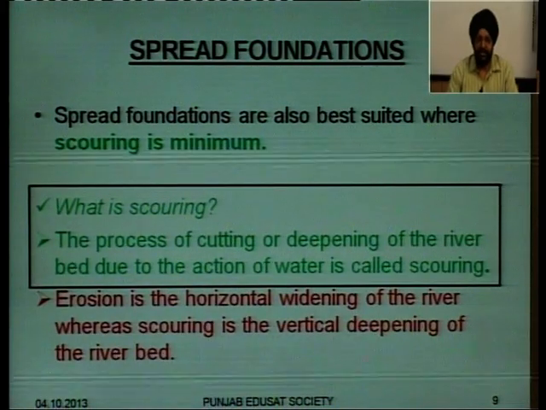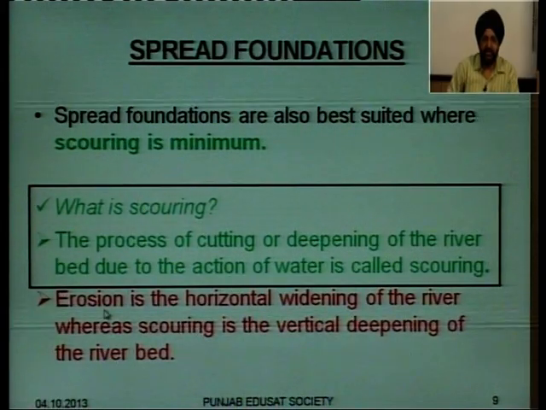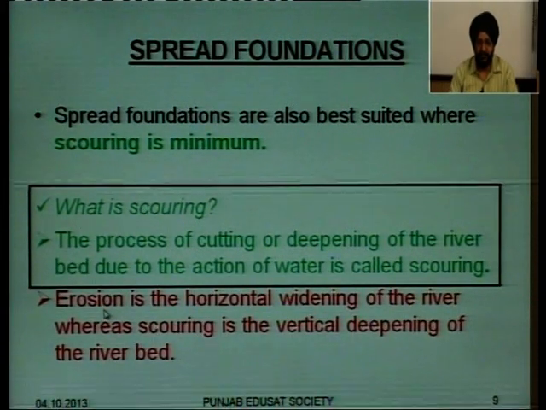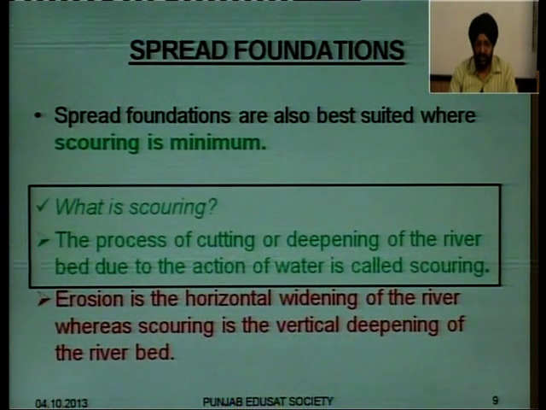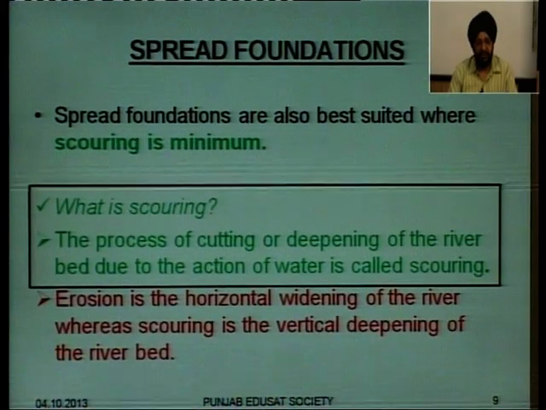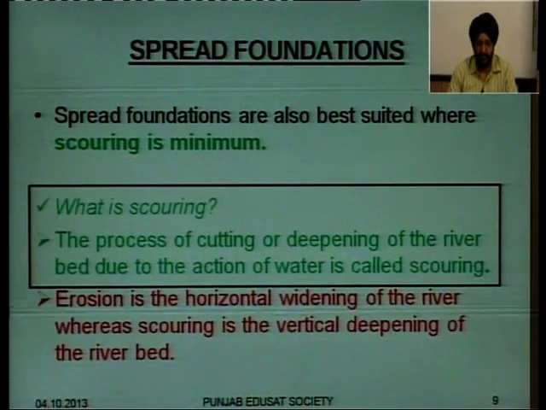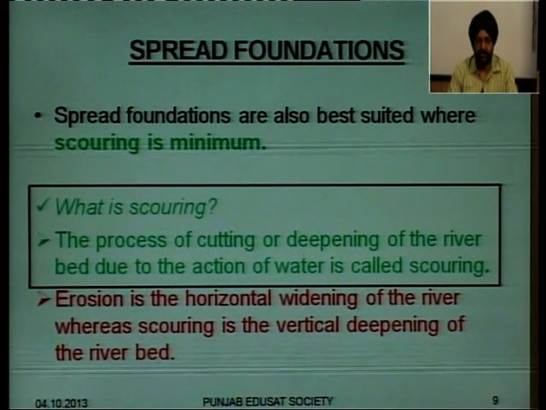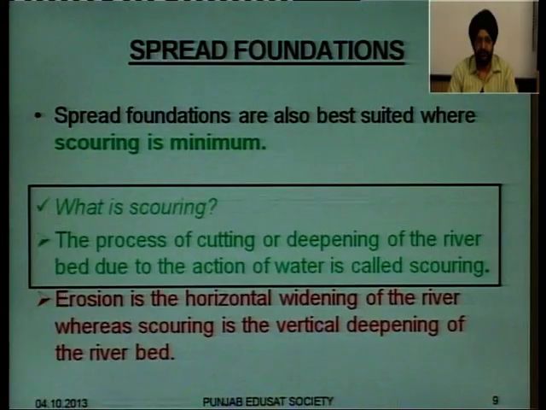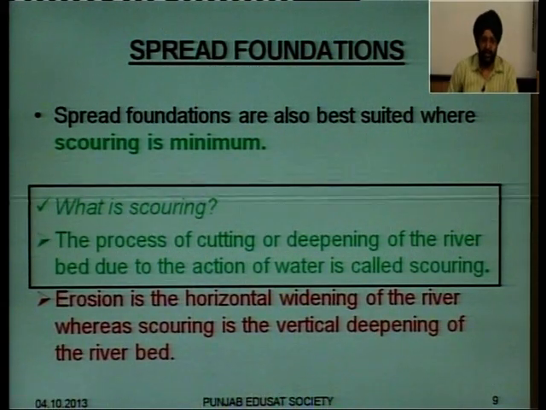And let us have a look at the difference between erosion and scouring. Erosion is the horizontal widening of the river, whereas scouring is the vertical deepening of the river bed. The river can be eroded in both ways, horizontally and vertically. If it is the horizontal widening of the river, it is called erosion, and if it is the vertical deepening of the river bed, then that is called scouring, as I have just mentioned.